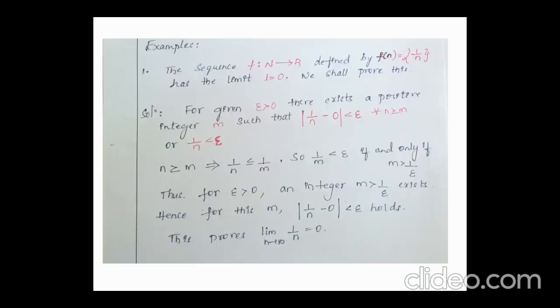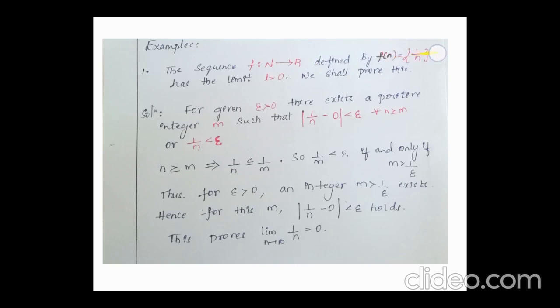The first example is the sequence f from N to R defined by f of n equal to 1 by n.